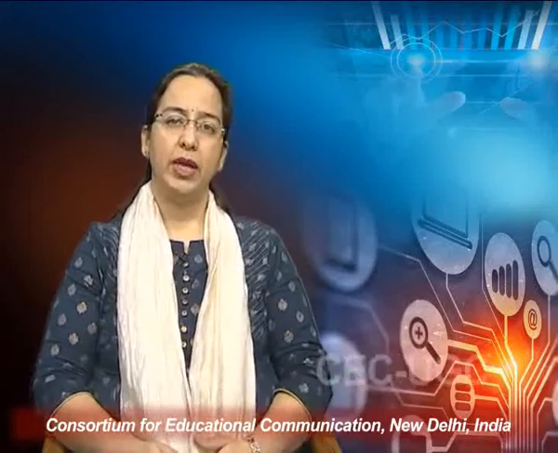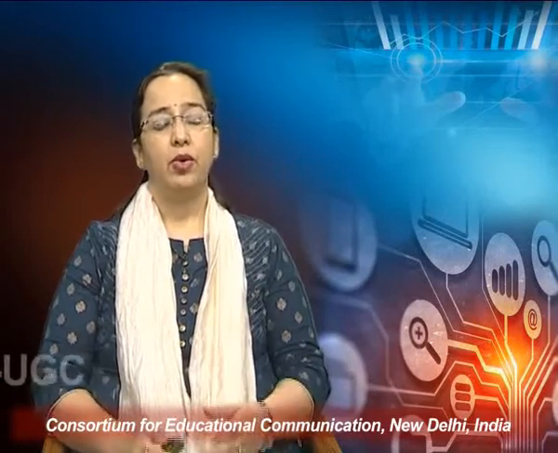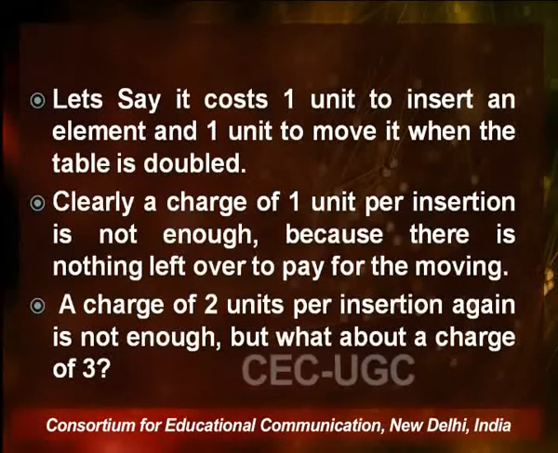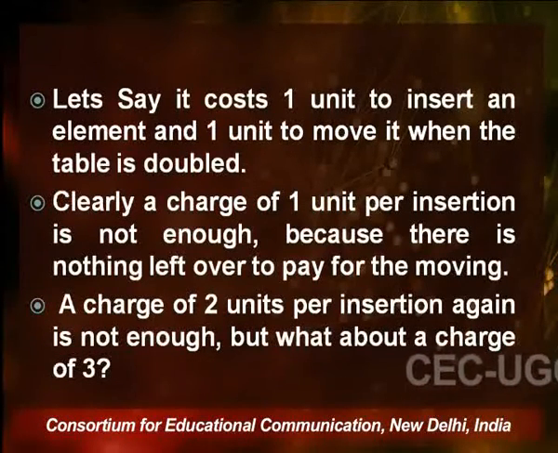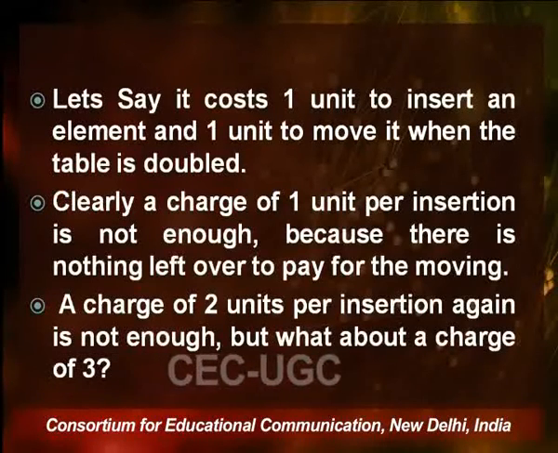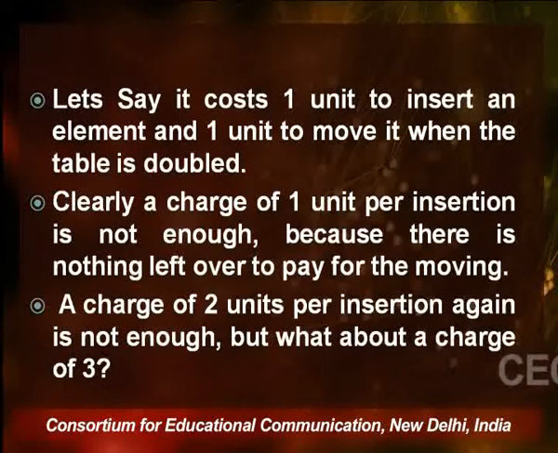Now, can we say that a charge of 1 unit per insertion is enough? Looking at the cost of movement, we can easily conclude that no, because if we charge 1 unit per insertion, there will be nothing left over to pay for the movement of this element into the next table.